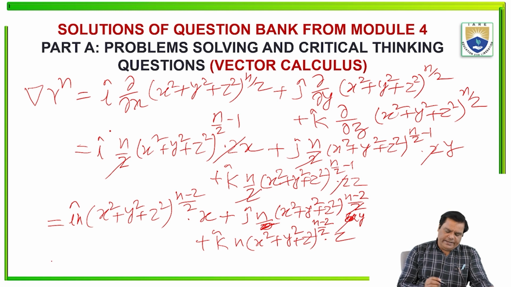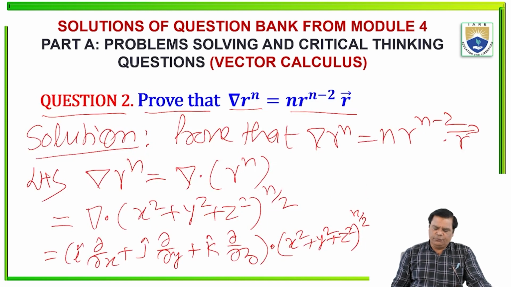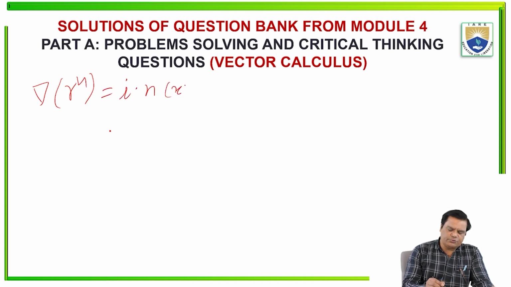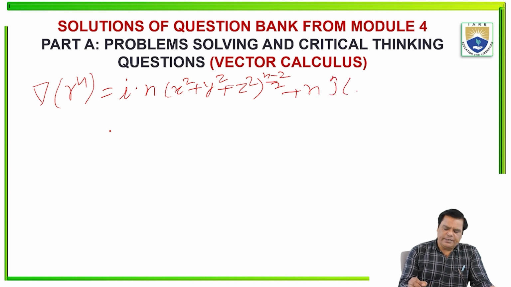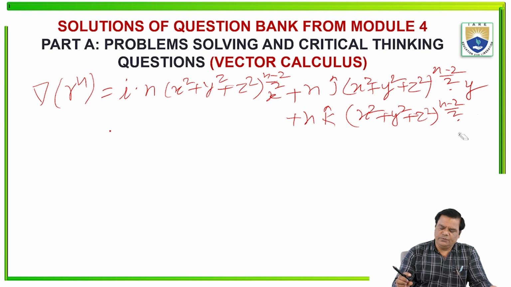Now the final result: del r to the power n vector equals i cap n (x square plus y square plus z square) to the power n minus 2 by 2 into x, plus n j cap (x square plus y square plus z square) to the power n minus 2 by 2 into y, and plus n k cap (x square plus y square plus z square) whole to the power n minus 2 by 2 into z.